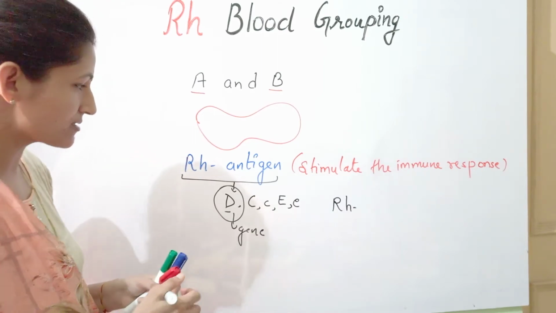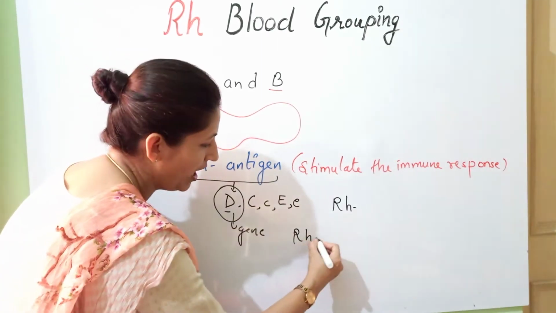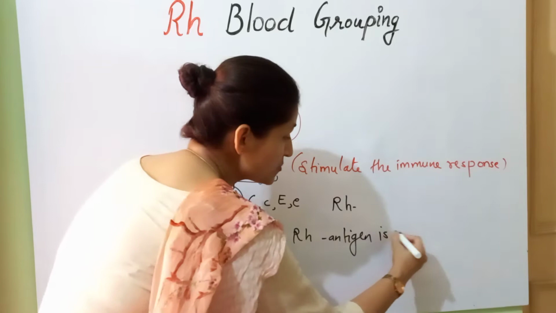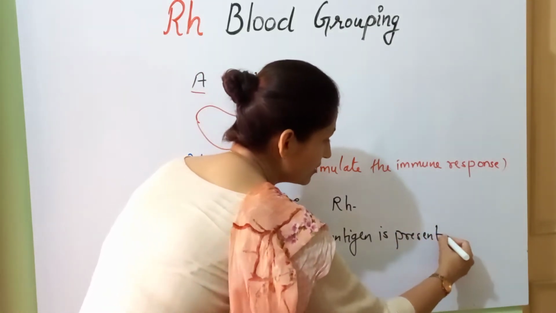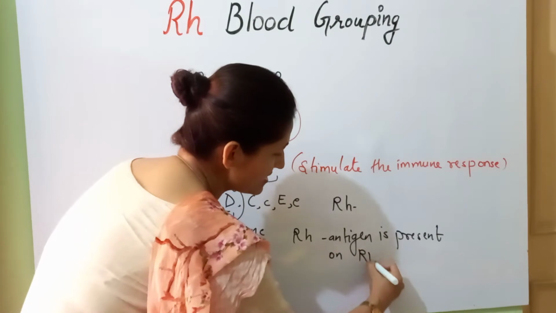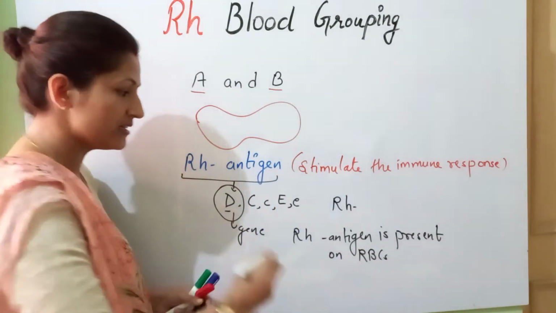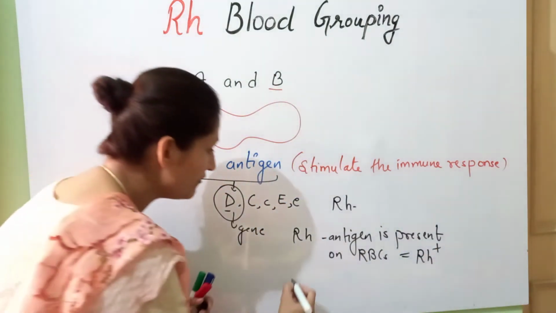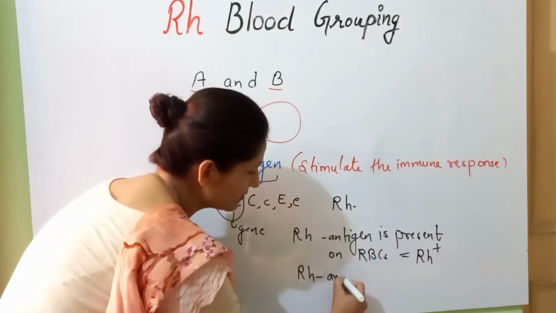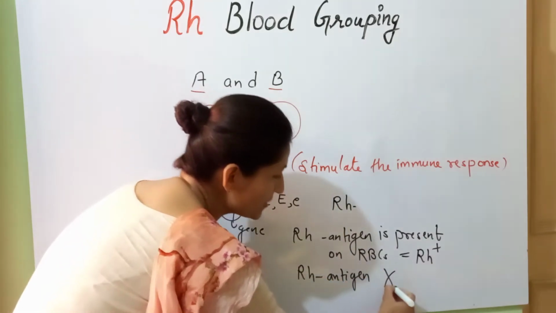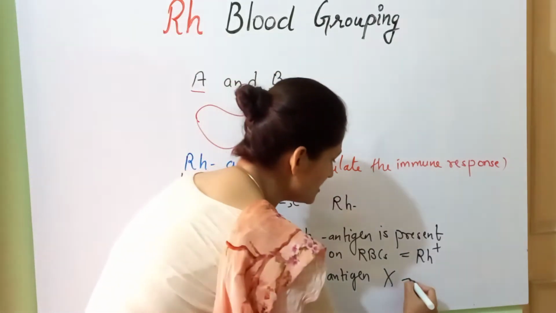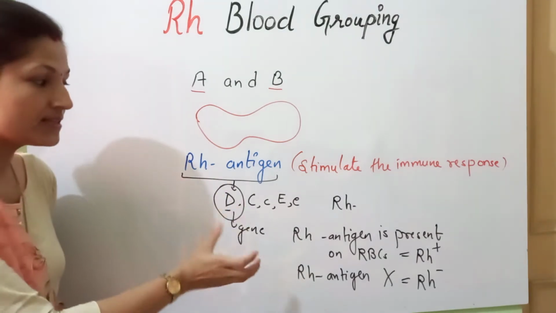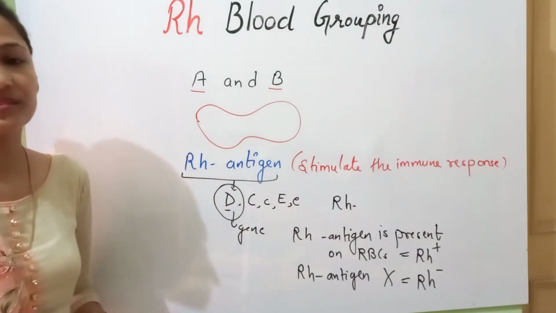In that particular case, if the RH antigen is present on the RBC surface, that is RH positive, and if the RH antigen is not present on the surface of RBC, then it is considered RH negative. This is associated with the ABO blood group system.